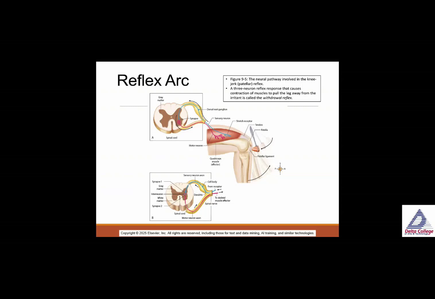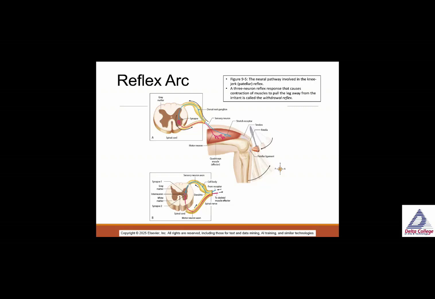So this kind of gives you an idea, if on the right, when you go to the doctor and they knock your knee with that little mallet, how it is being interpreted, right? It's going in. You can see where the sensory neuron goes in, and then you've got the motor neuron coming out. Now, in the spinal cord down here, at the bottom, you can see what's happening in there.